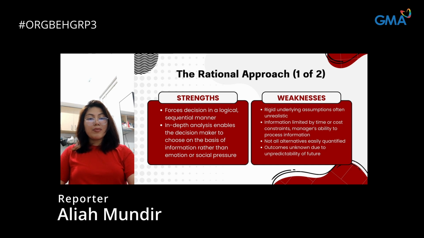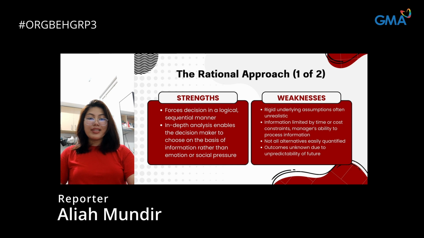The strengths of this approach are that it forces decisions in a logical sequential manner, and it is an in-depth analysis that enables the decision maker to choose on the basis of information rather than emotion or social pressure. The weaknesses, on the other hand, are that it has a rigid underlying assumption that is often unrealistic.